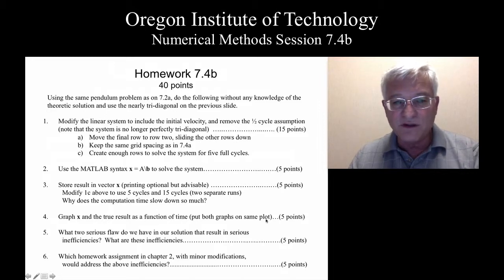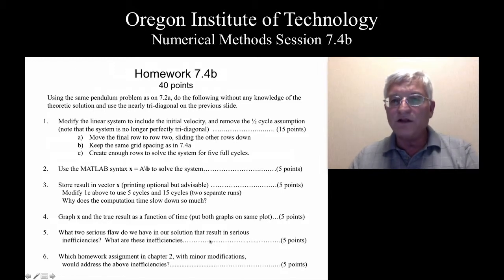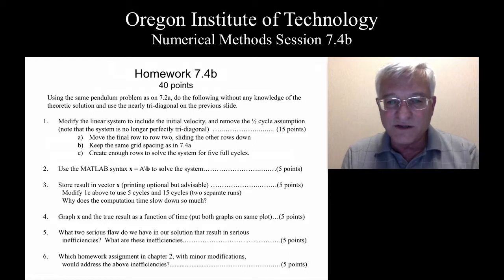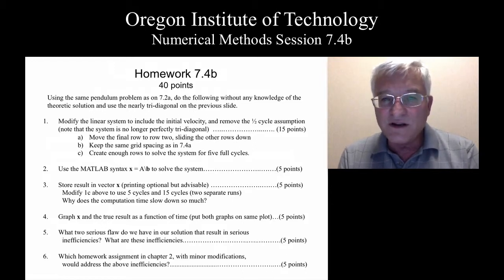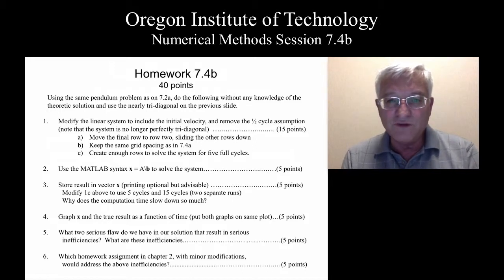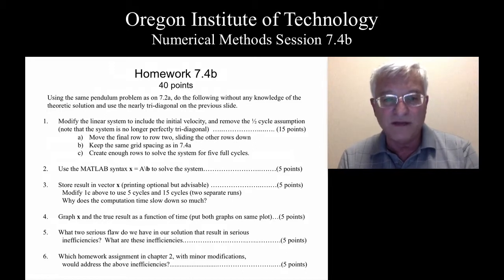Plot the result, and then I want you to tell me in words, not just part of your MATLAB, but write down something and send it to me. What are the serious flaws with this approach that really drive inefficiency into our program? You still got the right answer, but it's inefficient for 2 very big reasons, and I want you to explain what those 2 big reasons are.